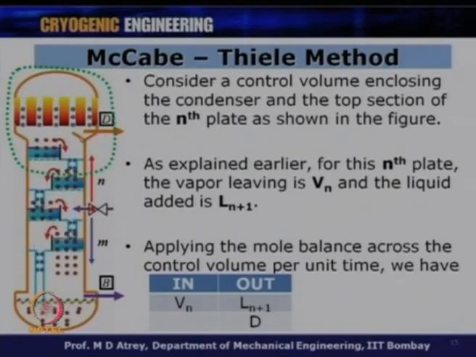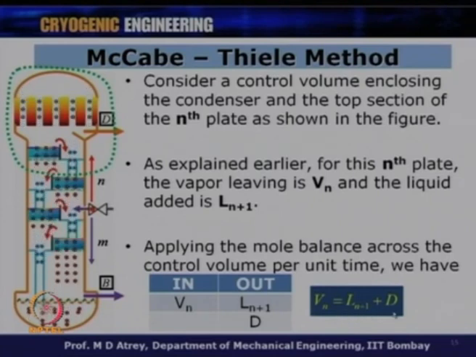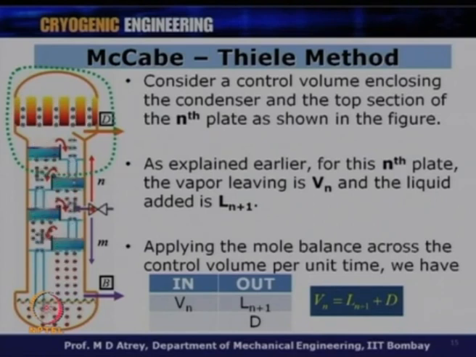This is very important to understand. If we do the mass balance, we get Vn equals Ln plus 1 plus D. This is the most important result. Whatever vapor goes up is ultimately equal to the condensate you receive at the top plus the liquid that comes down, which is very understandable.